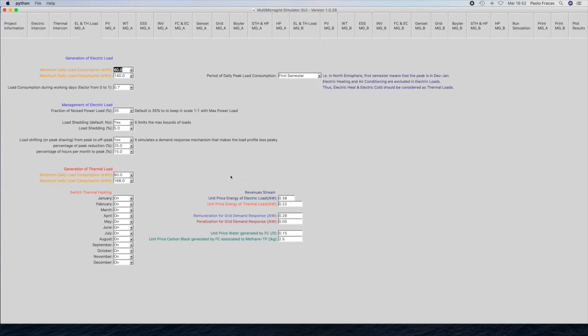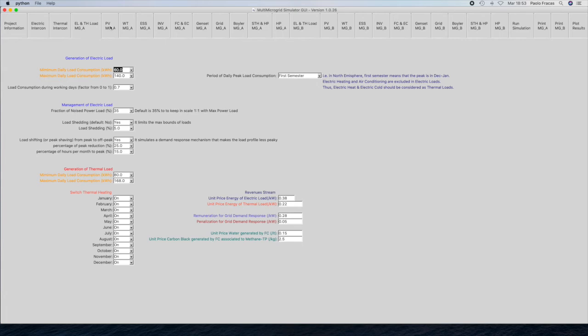In this area, we can put the price for selling energy to users, energy demand response service to the main grid, and other products that can be produced with fuel cell hydrogen generation in our microgrid.